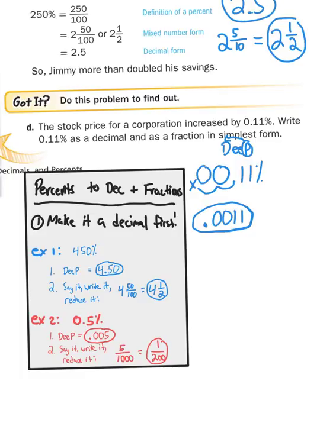So that's 11 10,000ths. I'm going to write it as 11 10,000ths. And it actually doesn't reduce because 10,000 doesn't divide by 11. I don't need a calculator to check that. So that's it. 11 10,000ths is a decimal and a fraction. I hope you got it. All right, so let's go on to the next page.